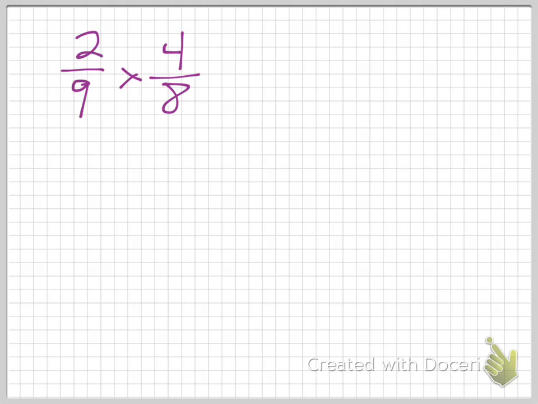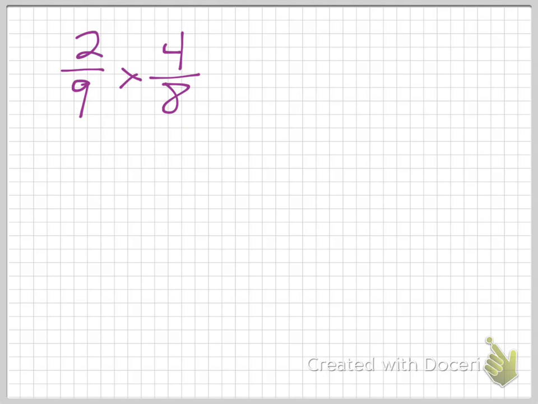Look here. I need you to see something. It doesn't matter which numerator and which denominator you choose, as long as it's a numerator and a denominator. What could I have done right off the bat? What is something I could do real simple right off the bat? I could change 4/8 to 1/2 if I wanted to.